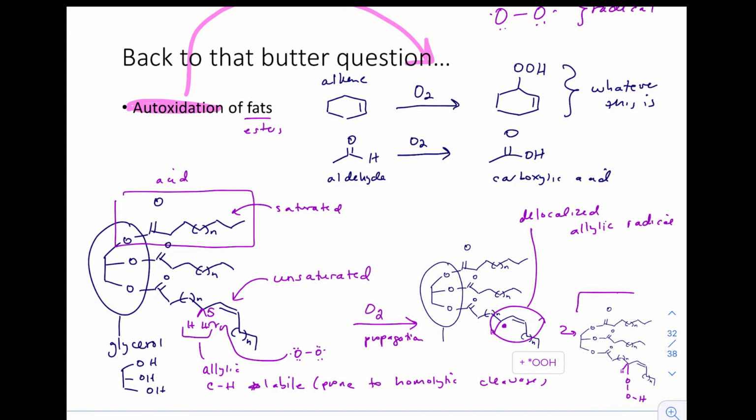And these species taste horrible. The formation of peroxides like this is responsible for fats becoming rancid, going bad, tasting bad. So there you go. Who knew that radical chemistry was responsible for fats tasting bad?